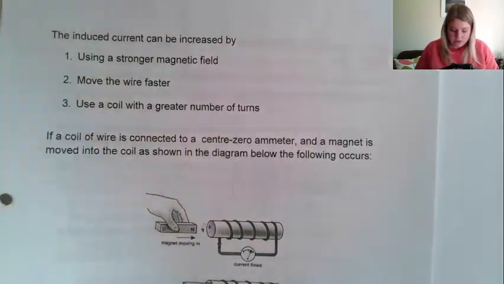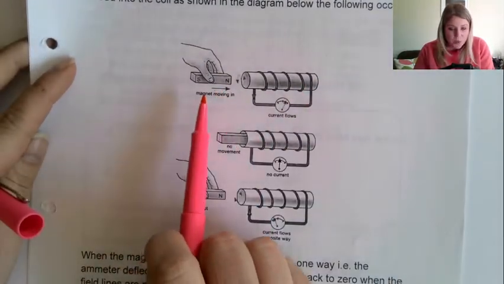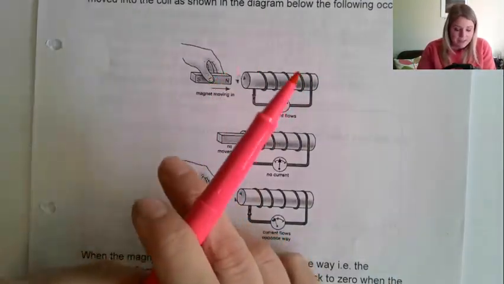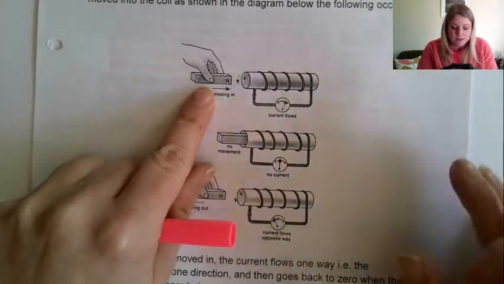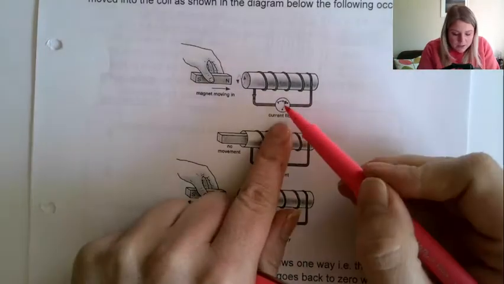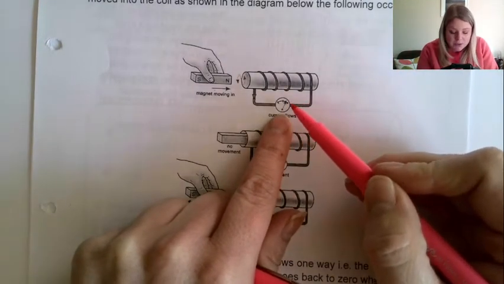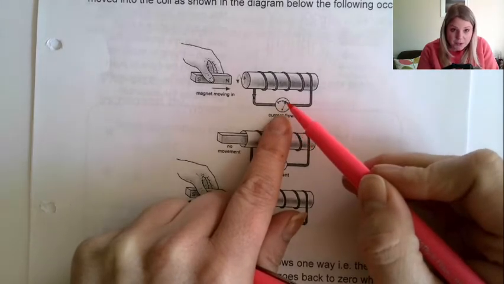The following occurs. In this first one, the magnet is moving in and going inside that wee coil of wire, and you can see here we've got a wee current. I'm going to say to the right is positive, so we've got a wee positive current here.